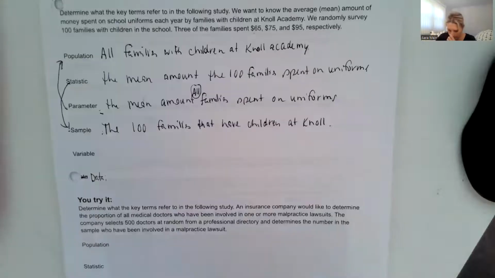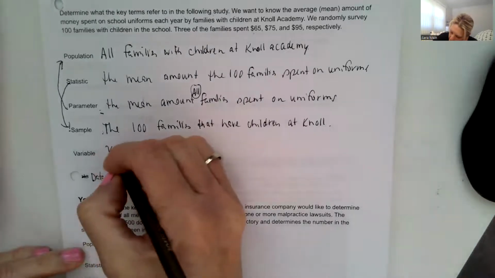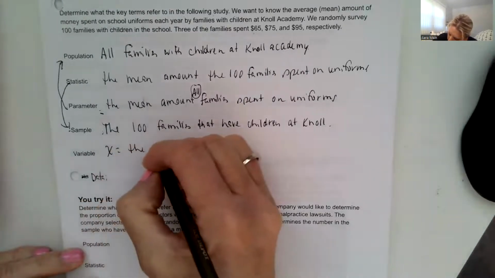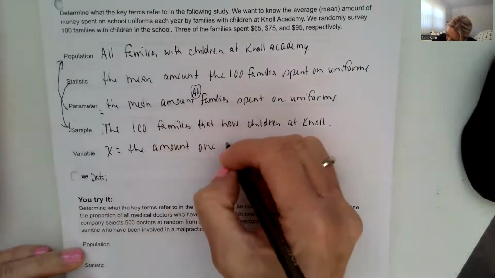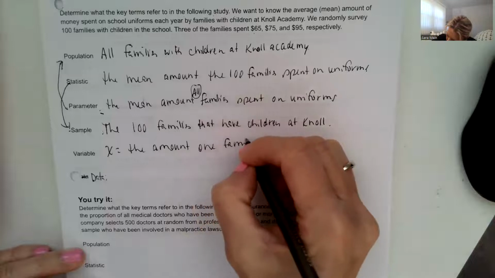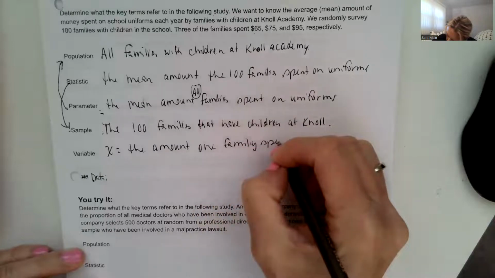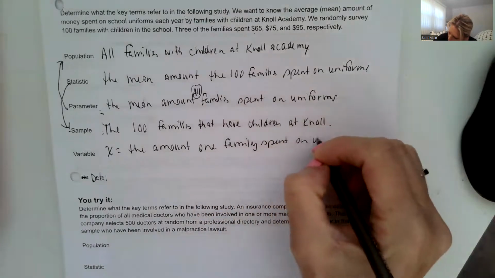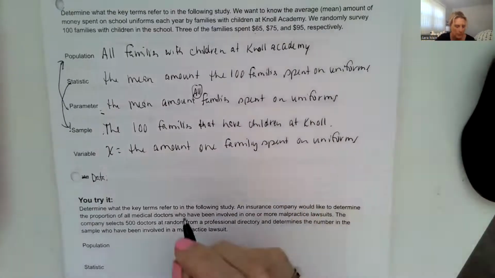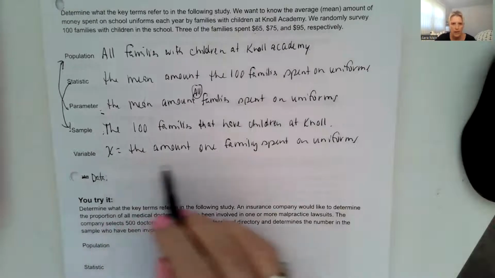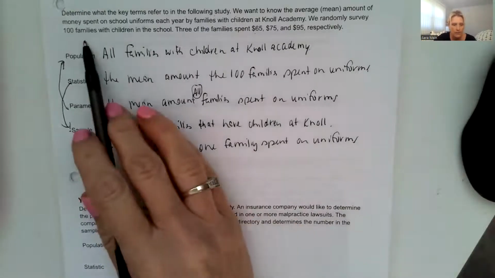The variable that we're actually collecting data on is going to be represented by X, and it is the amount one family spent on uniforms. And we're going to collect that amount from all 100 families in the sample.